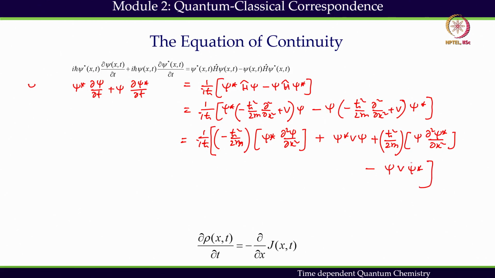So clearly we are going to cancel these two, because potential is a multiplication operator. It can be placed anywhere. I can reorganize that expression without any constraint.